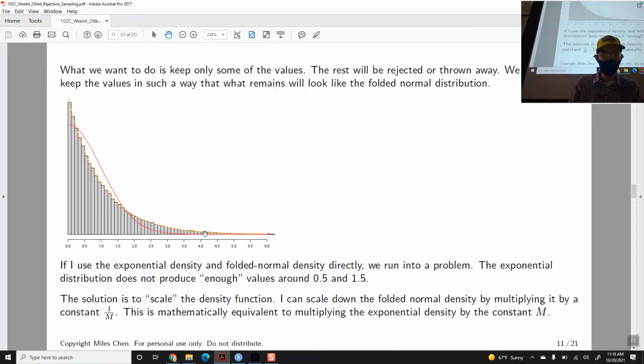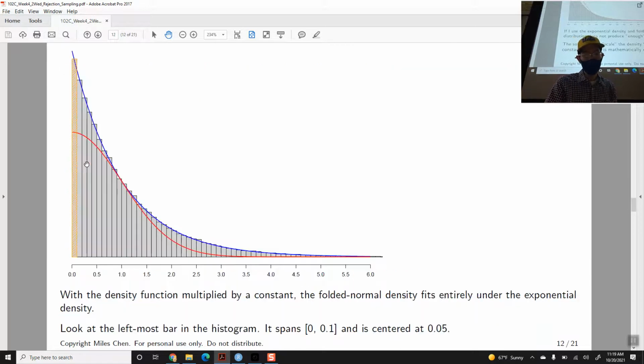So what we're going to do is either multiply the exponential by m, or scale down the red line by m. So I think what we're going to do is take this red line and divide by m, or we can think of it as taking the orange line and multiplying it by m. The resulting curve is that the exponential follows this blue line, and the folded normal PDF follows the red line.